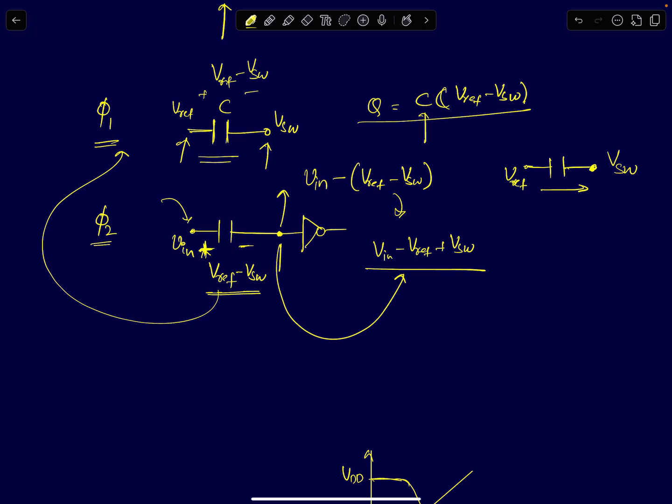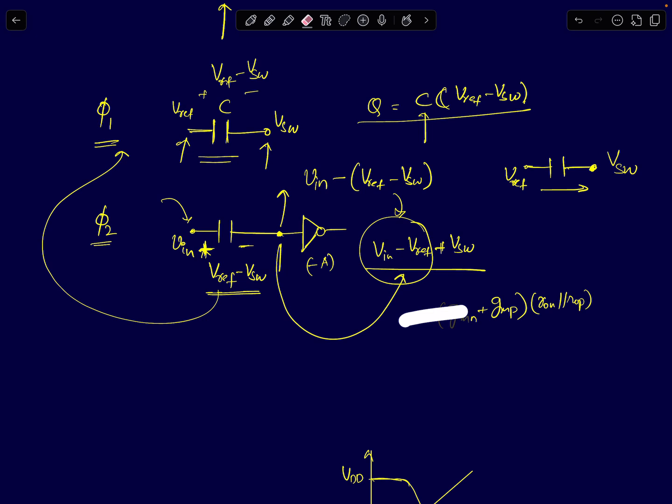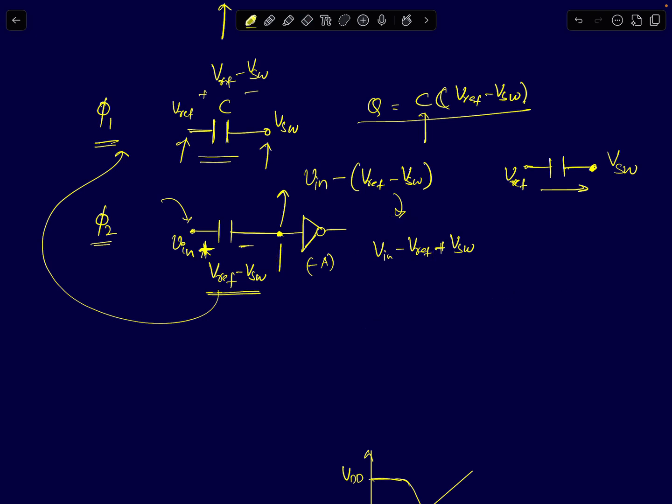And this is exactly what we discussed a few moments ago. We said that we need to first bias the CMOS inverter at the switching threshold and then apply this difference voltage. Then this CMOS inverter will amplify it by a huge gain, minus A, which is approximately (gmn plus gmp) times (ron parallel rop). This will be the CMOS inverter's gain with a negative sign. It will amplify this by this huge factor, and therefore this circuit will act like a comparator.